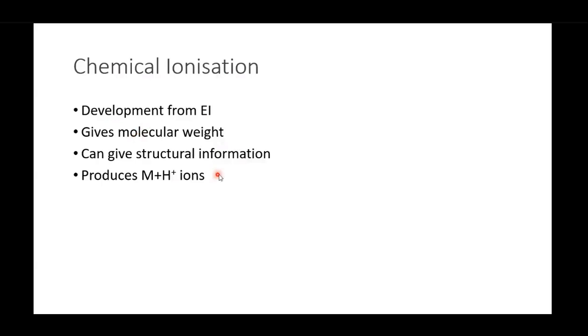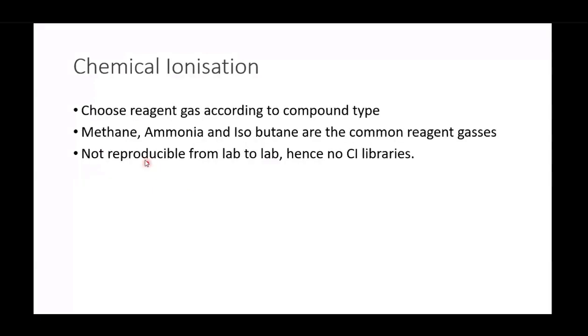Not directly, but it gives you a protonated molecule, M plus H, and with that you get molecular weight information. All you have to do is use some kind of reagent gas in the electron ionization chamber, and it could be methane, isobutane, or ammonia. One of these three is used as the reagent gas.